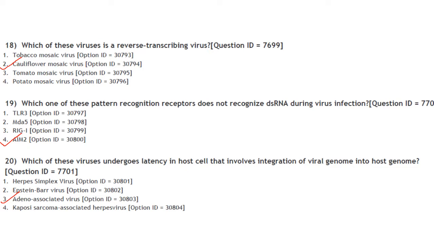So AIM2 recognizes double-stranded DNA, not double-stranded RNA. Answer is option 4. Then which of these viruses undergo latency in the host cell that involves integration of the viral genome into the host genome? So it is adeno-associated virus. Answer is option 3.